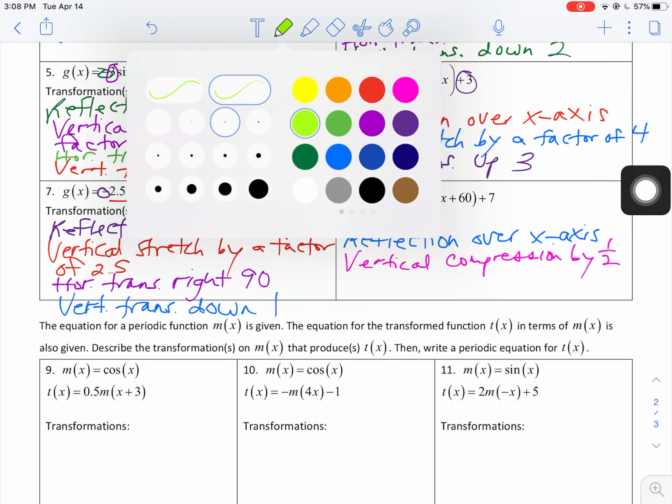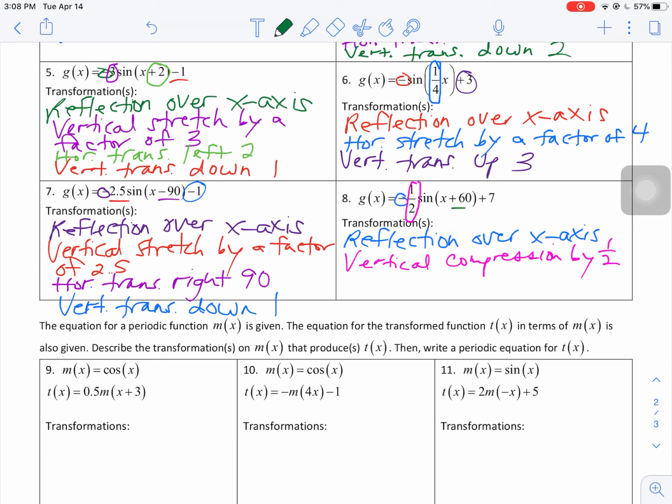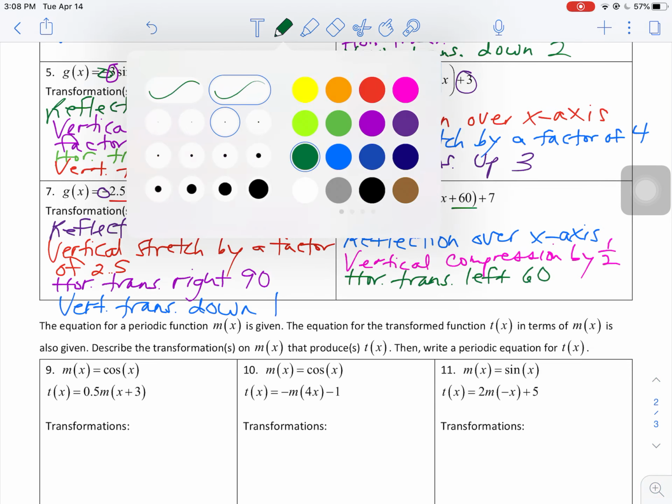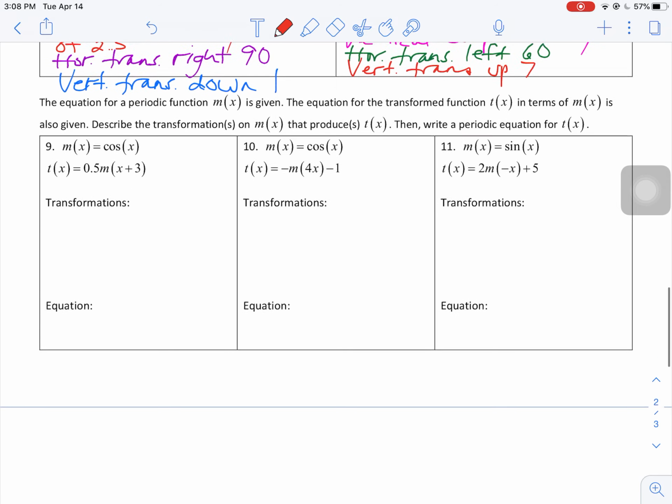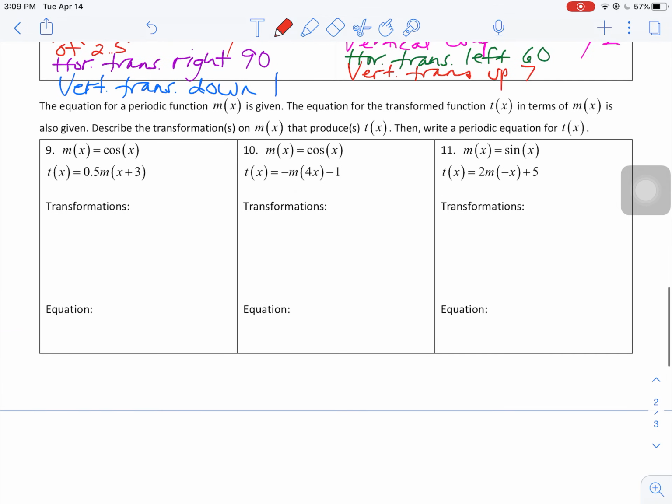And then your plus 60, that would be left 60, because it's inside the parentheses. It's always the opposite of what we think it should be when it's inside the parentheses. So horizontal translation left 60. And then the plus 7 would be up 7. So vertical translation up 7.